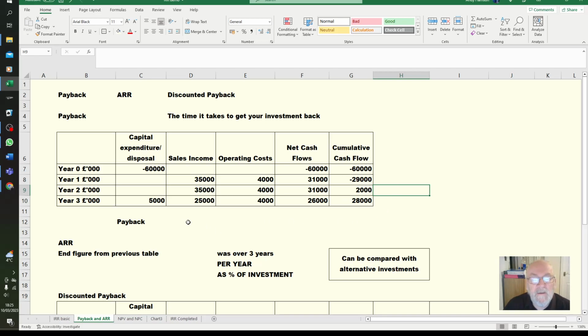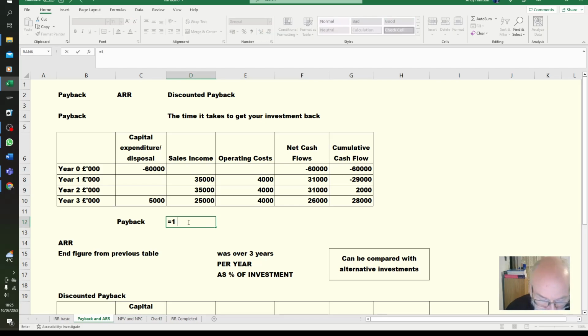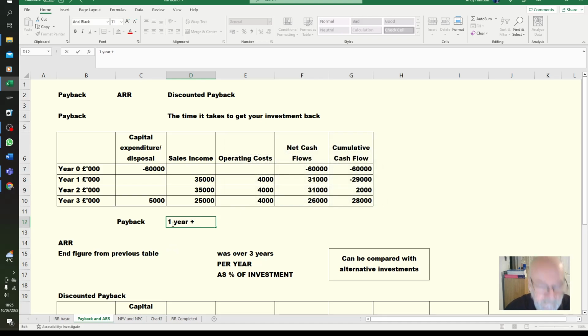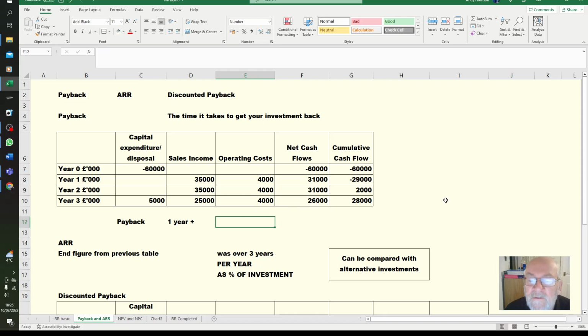So we need to work out a bit more precisely the payback, and yes, it's sometime during year 2. But we do have to remember that it's 1 year plus, equals, and then what we need to know in our formula is we needed another 29,000 at the end of year 1 out of the 31,000 that comes in year 2.